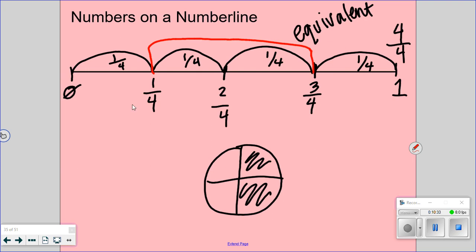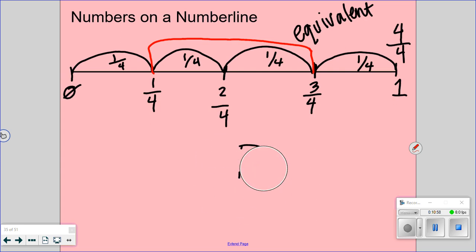I want you to get another sticky note. On this sticky note, we're going to write a fraction that you might not have seen before. The fraction that you are writing on this new sticky note looks like this.